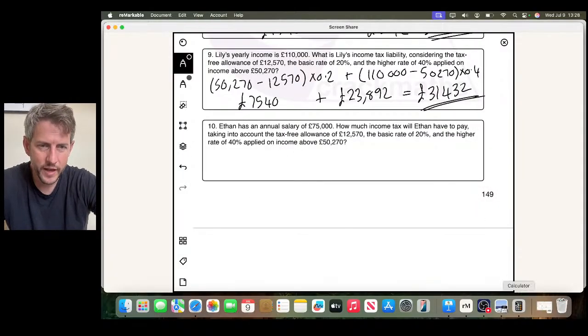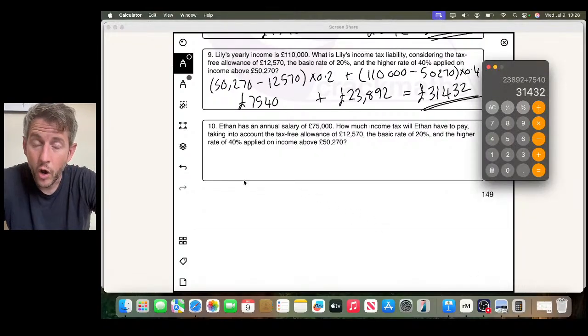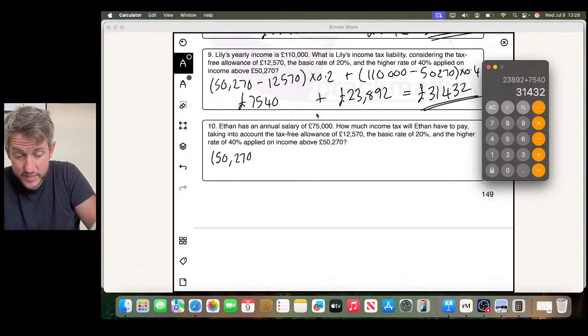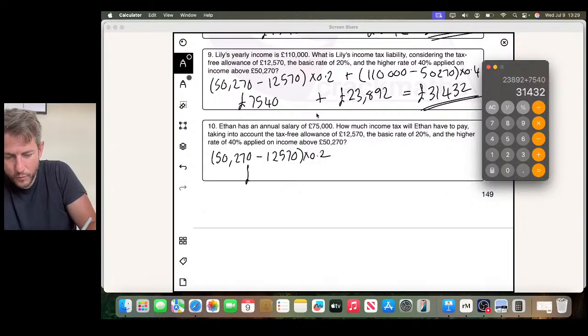So it says here that Ethan has an annual salary of £75,000. How much income tax will Ethan have to pay, taking into account the tax-free allowance of £12,500, and the basic rate of 20%, and the higher rate applied on here? So again, this bit's going to stand the same. We've got the 50,270, take away the 12,570, times by the 0.2 to get 20% of that, and that will give you the 7,540.